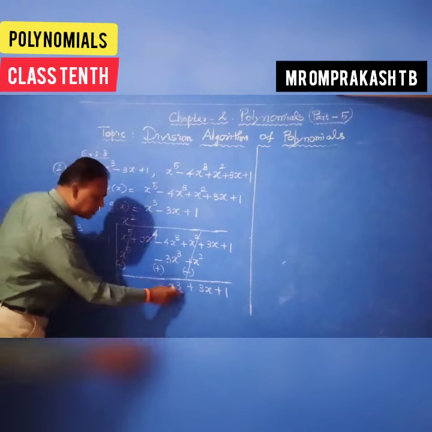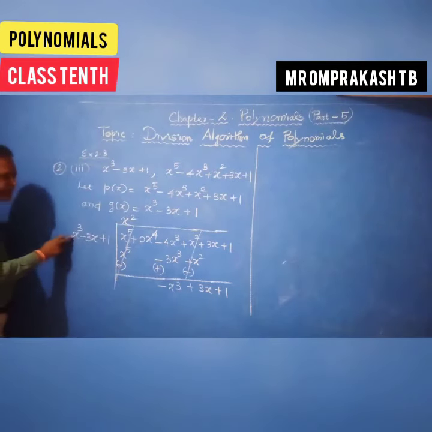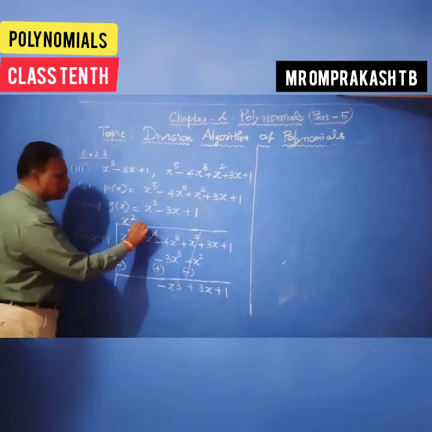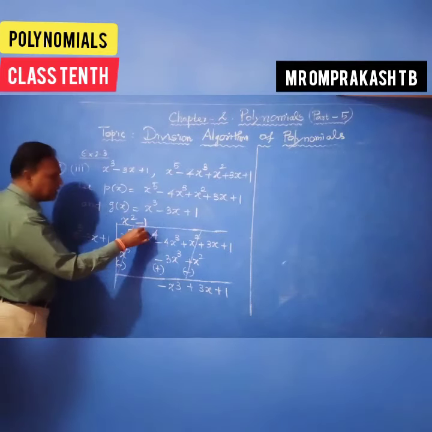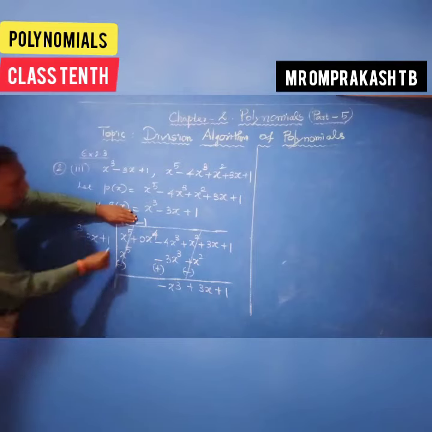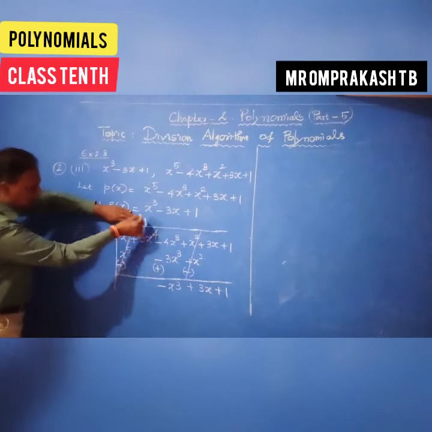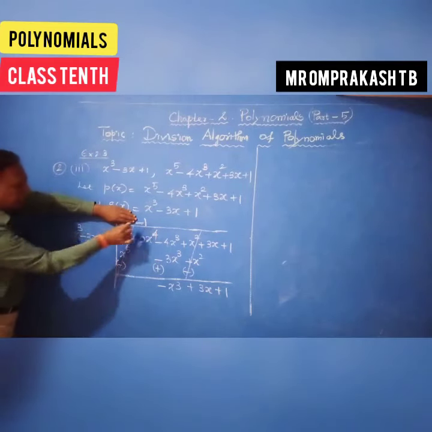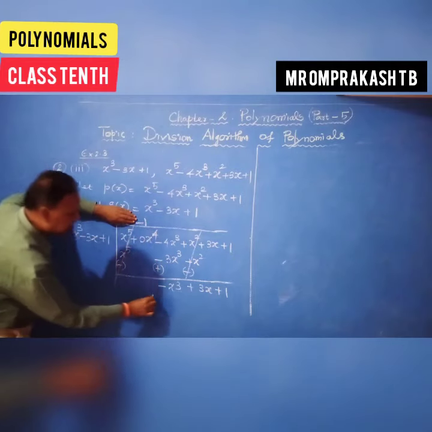Now again this first term by this first term, what you will get? Minus x^3 by x^3, minus 1 you will get. So this x^2 ignored. Take minus 1 and multiply with this: minus 1 into x^3 is minus x^3.